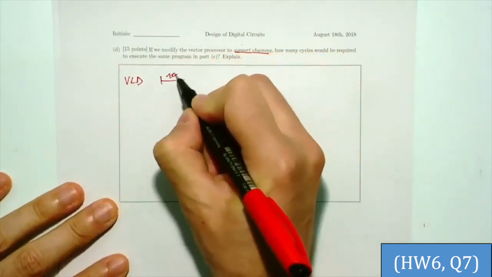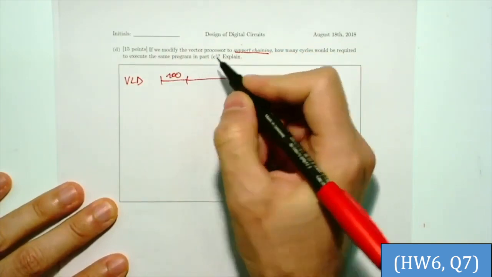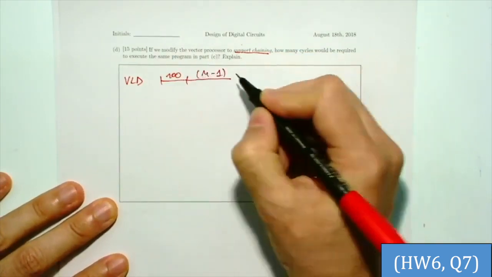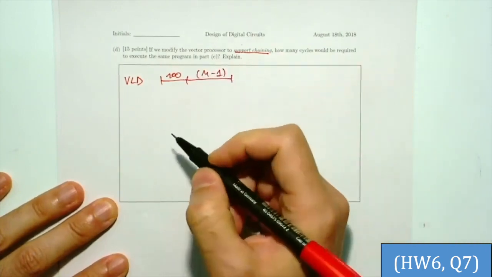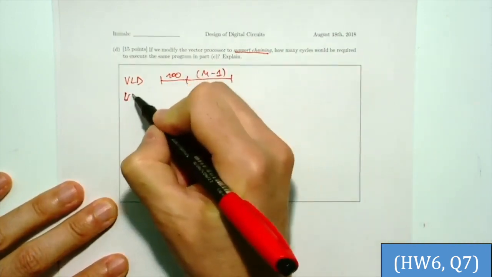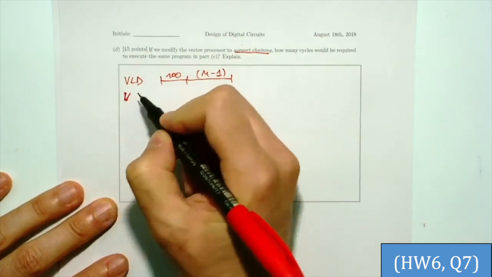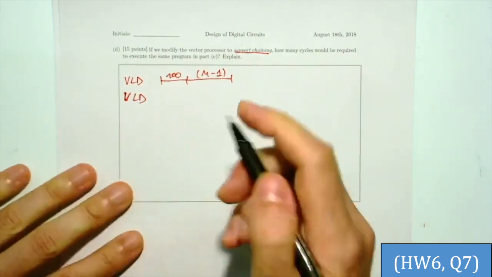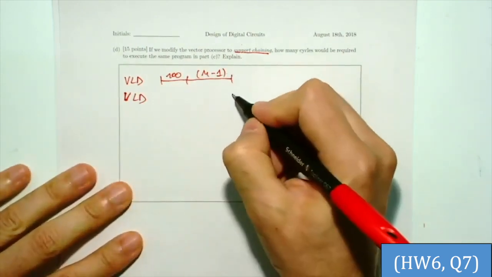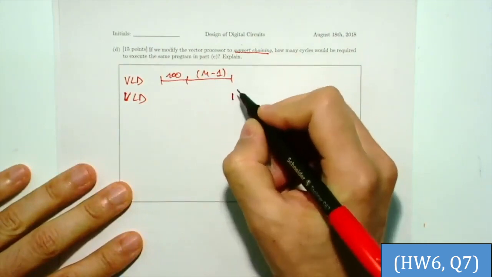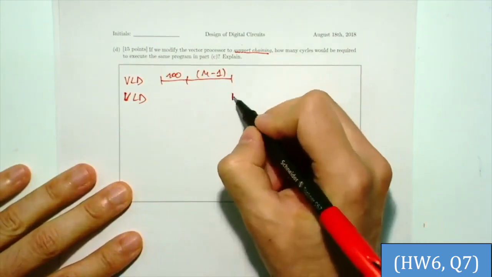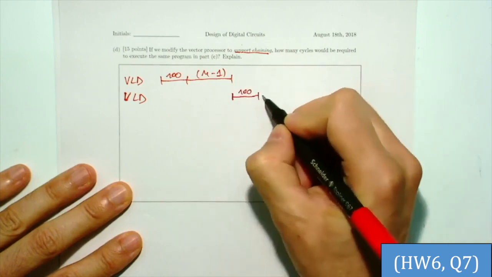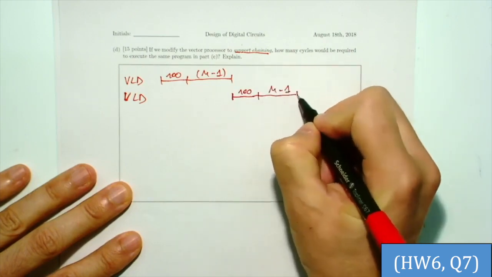We have 100 plus n minus 1. So we have the second load. The second load is independent from the previous one, but we have only one load execution unit. So we have 100 plus n minus 1.